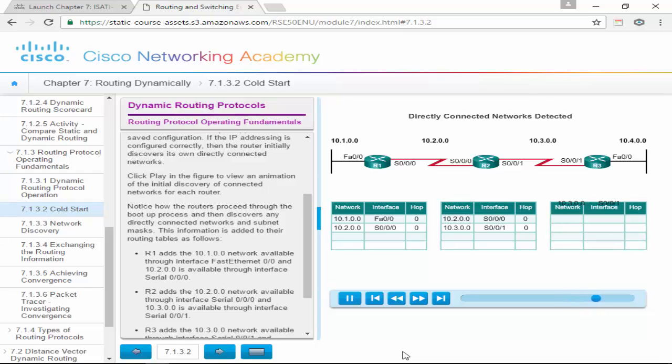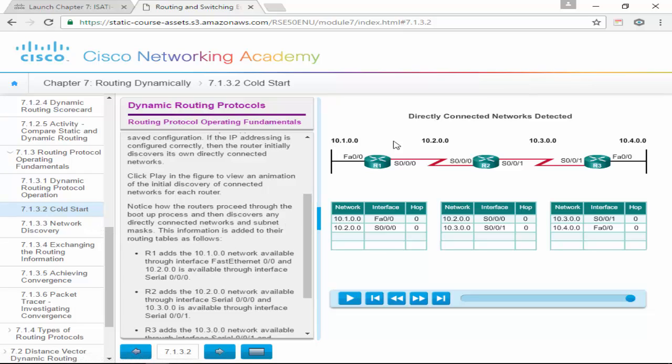When you start up, it has to be what we call converged. Once a routing protocol has converged, it means that everybody inside of a routing autonomous system has learned all the routes known.